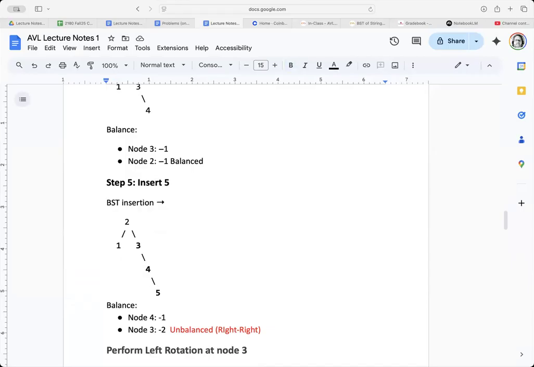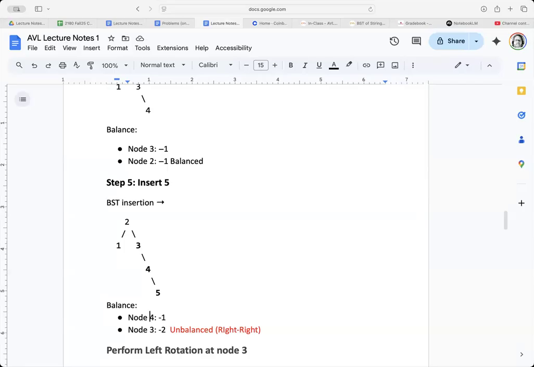So we now have to calculate the balance factor. At node 4, it's just going to be 0 minus 1, so that's a -1. That's okay. But at 3, it's 0 minus 2, which gives us the -2, which means that we're imbalanced.